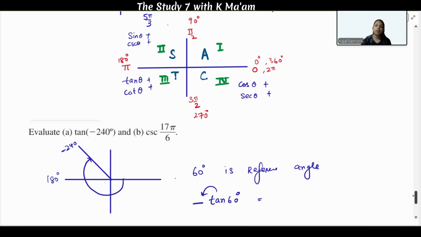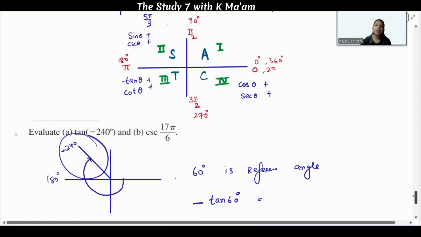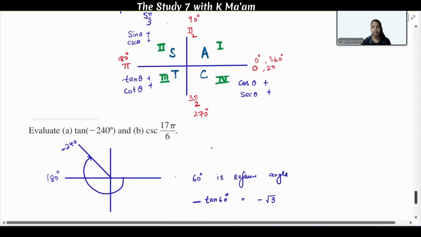We got the second quadrant. In the second quadrant, tangent is not positive, so I choose a negative out. So tan of 60 degrees. Tan 60 degrees is square root 3. So your answer is negative square root 3. Okay. This is done.